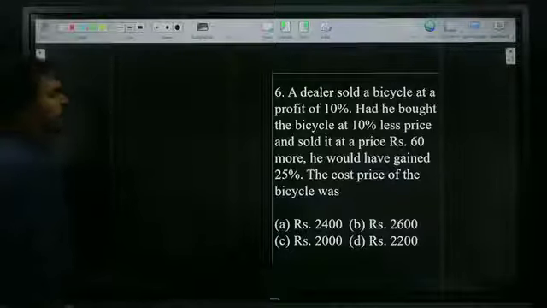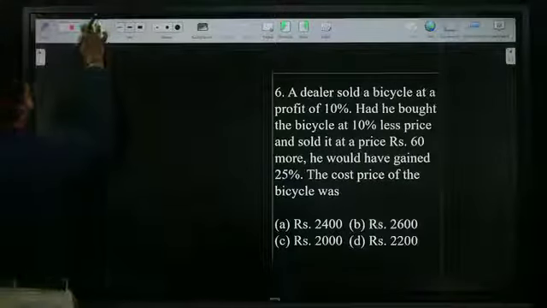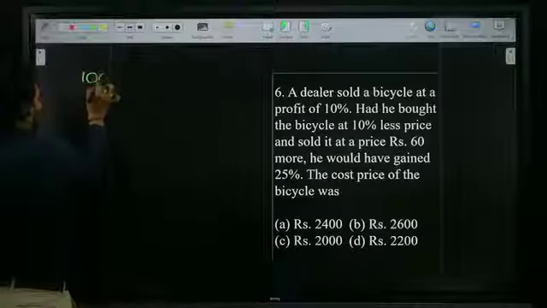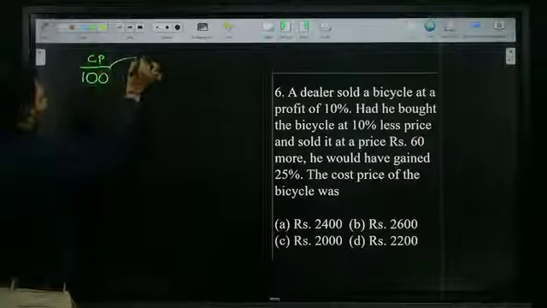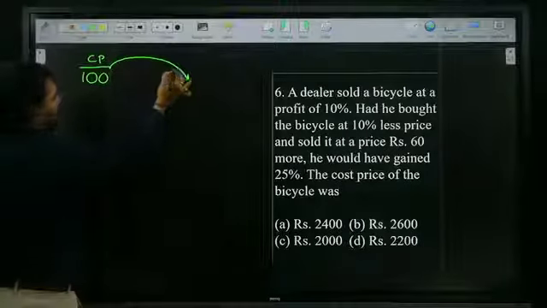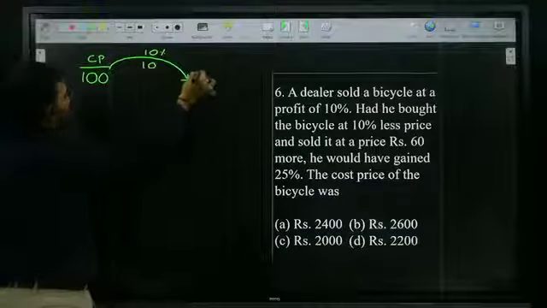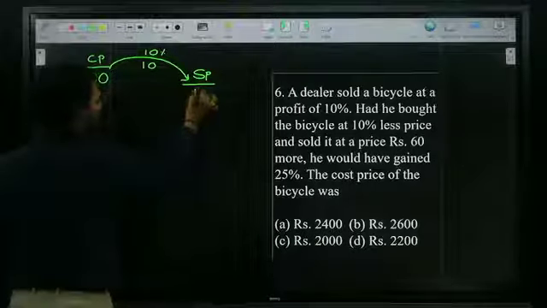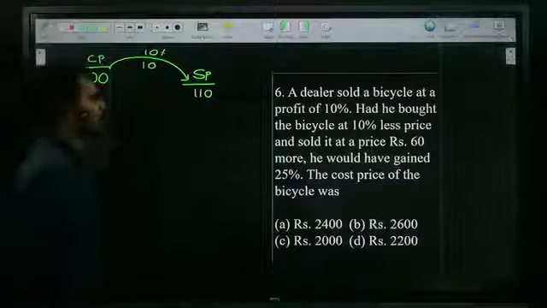So a dealer sold a bicycle at a profit of 10%. First of all, I don't know the original cost price, so I assume the original CP as 100. He sold at 10% profit, so the original SP is 110.